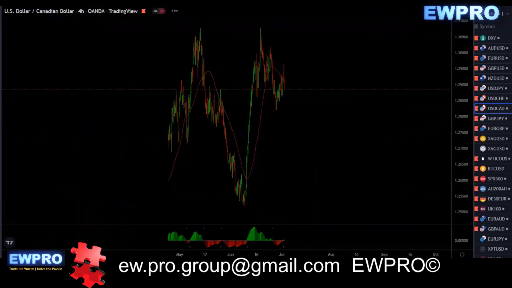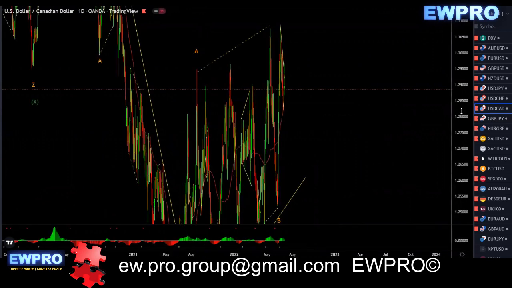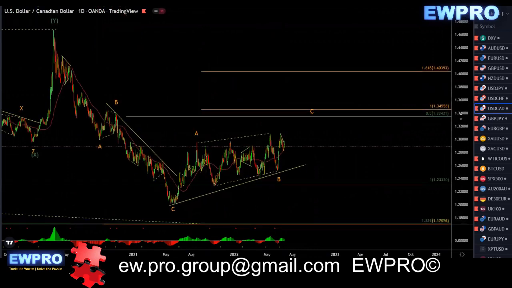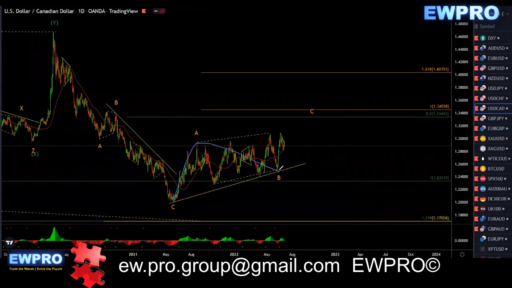Looking at UCAD on the daily. So we're looking at that A, B, C. Ideally goes up to that 100 fib. Hadn't quite got there yet.